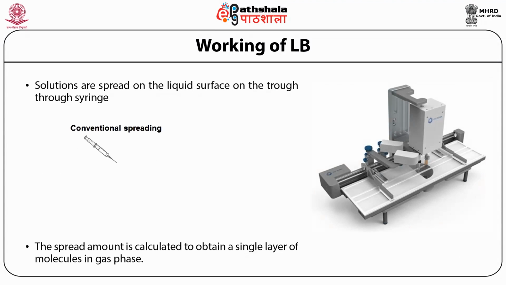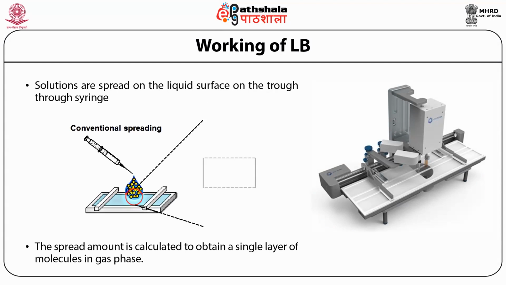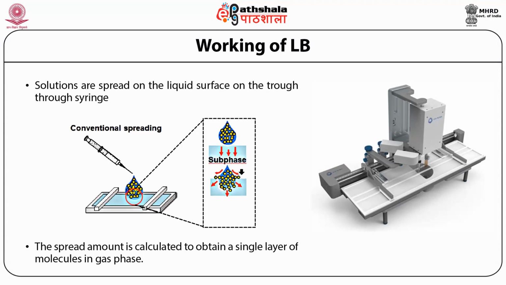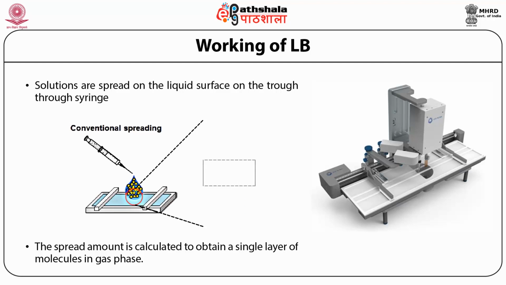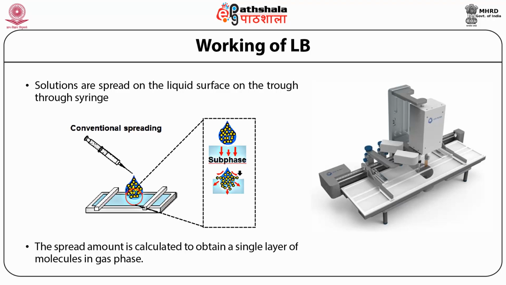In this slide we are demonstrating the working of the Langmuir-Blodgett system. Solutions are prepared and spread on the liquid surface in the trough through a syringe, as shown in the left hand side diagram.